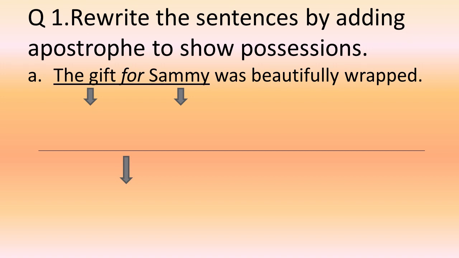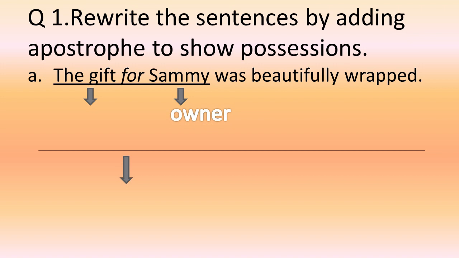Now you have to detect who is the owner in this sentence. Come on, think. Who is the owner of the gift? Sami. Sami is the owner of the gift. That's why I have underlined Sami. Now, what is Sami's belonging? Come on, think, my lovely students.